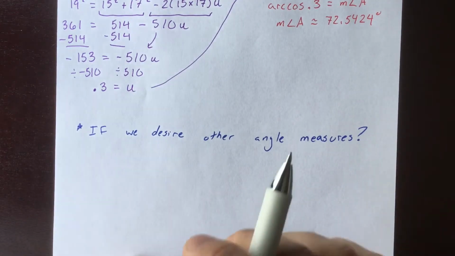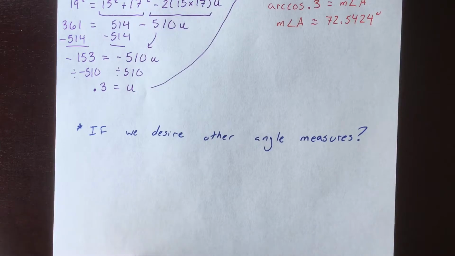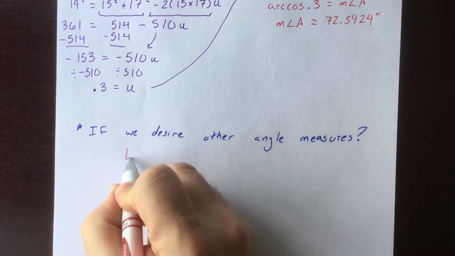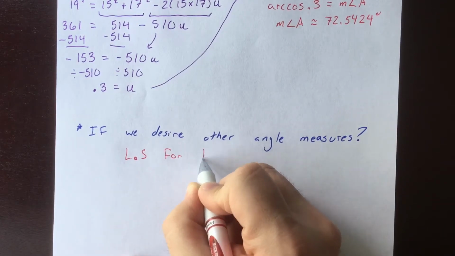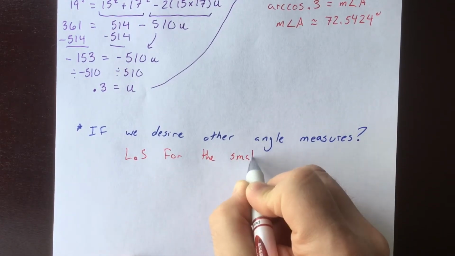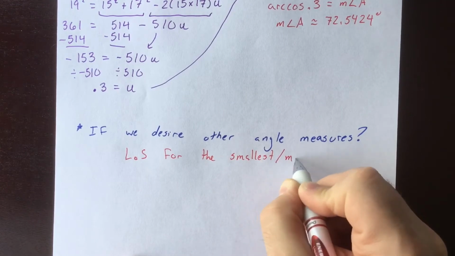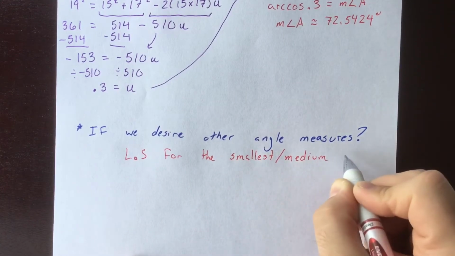We're going to take the exact same approach as we did with the previous example. We take the law of sine and we use it for the smallest or the medium angle measure.